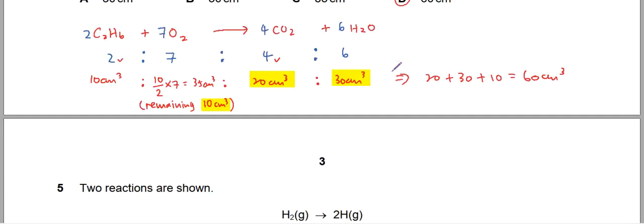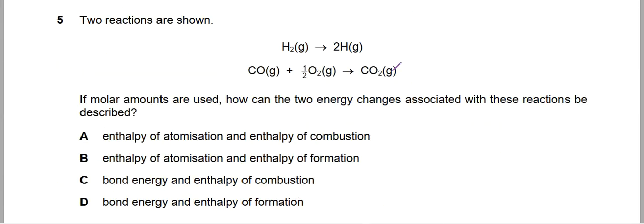Okay, question 5. Two reactions are shown, these two reactions here. So these two reactions are associated with which energy change below. Actually we need to see carefully the definition of each one.